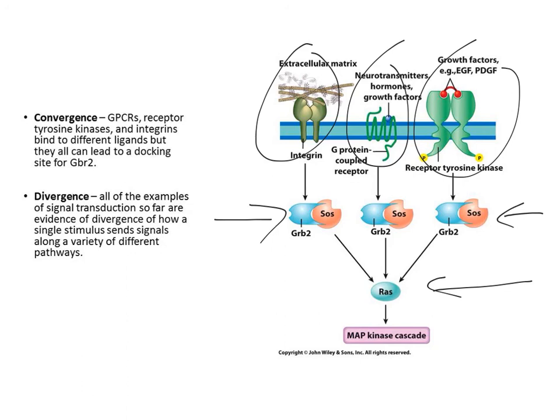So cell communication pathways become extremely complex. If you think back to the figure I showed you in the cell communication lecture, with all the different signal pathways and all the potential crosstalk points, you can see how complex cell communication can truly be.